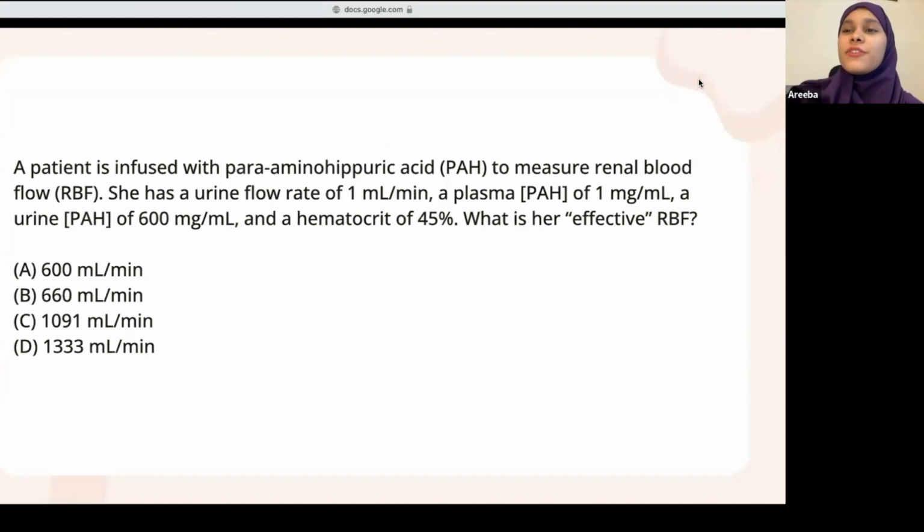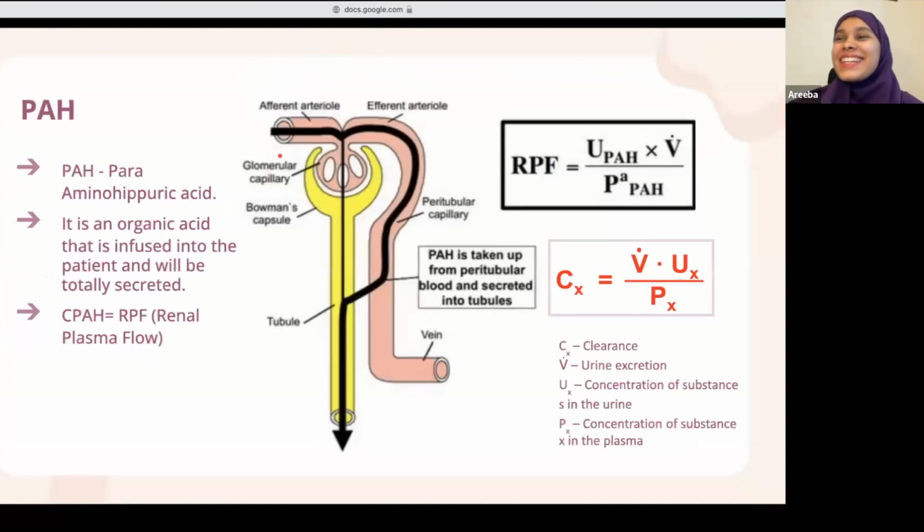So the answer would be C if you were to calculate the effective RBF. But since we're only going to look at the clearance, the answer would be A. Can you go next, Khalid? The explanation part. Yeah.